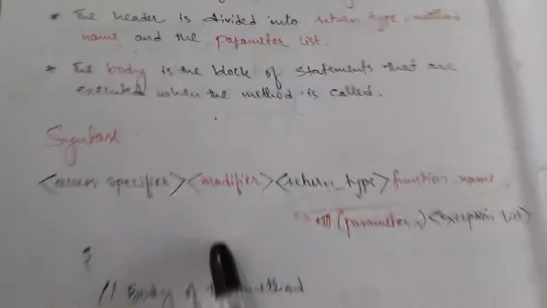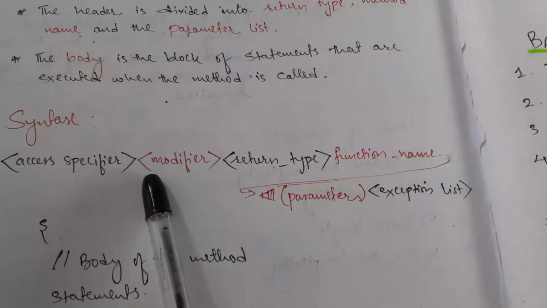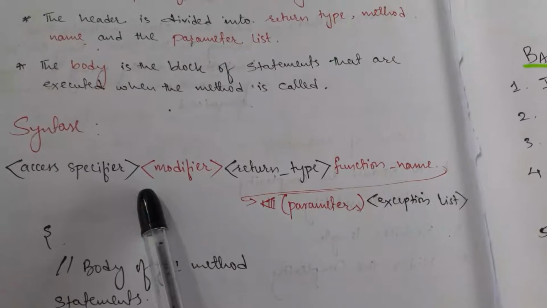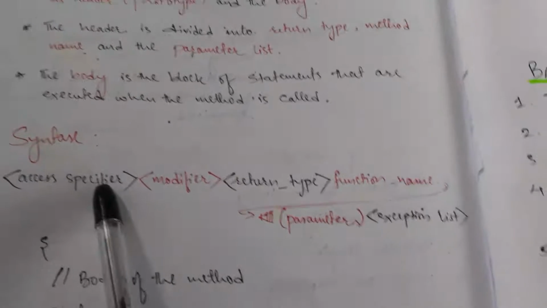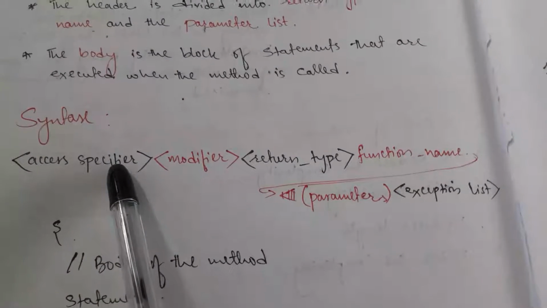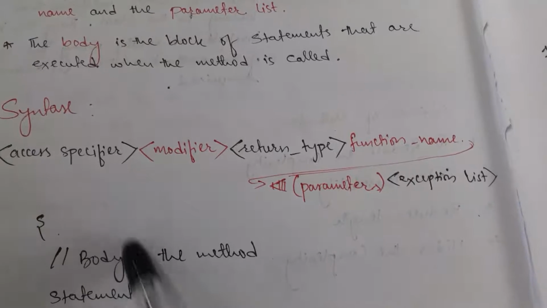Now let us see the syntax or the format for defining a method in a program. What are the things that we have to write in the two different parts of a method? As I told you, the method is divided into two parts. The first is called the header or the prototype, and the second part is the body.